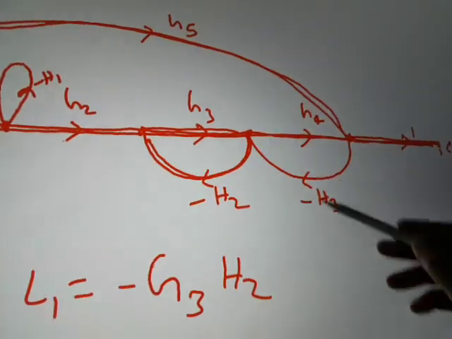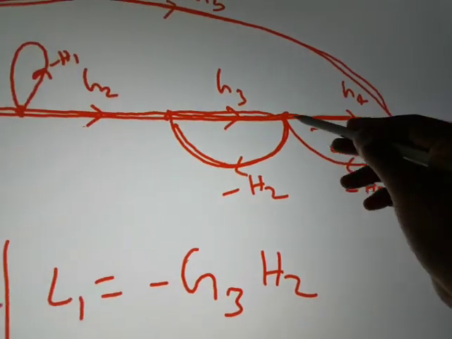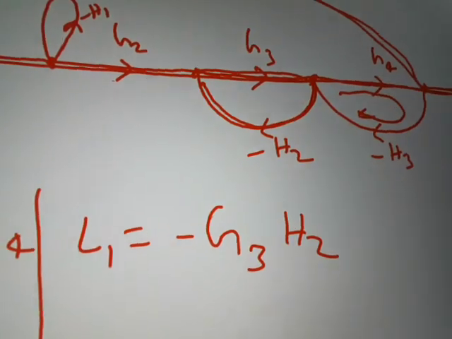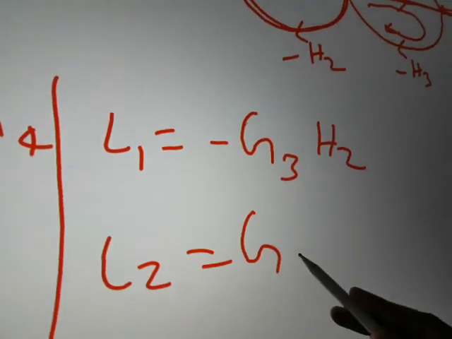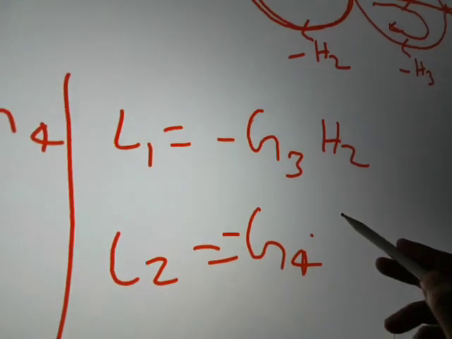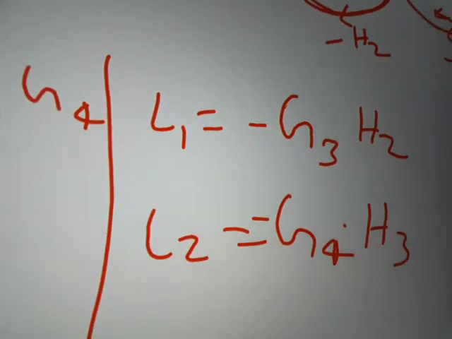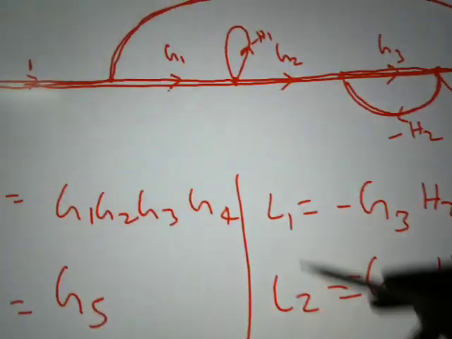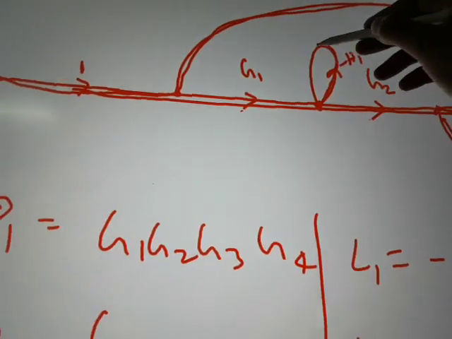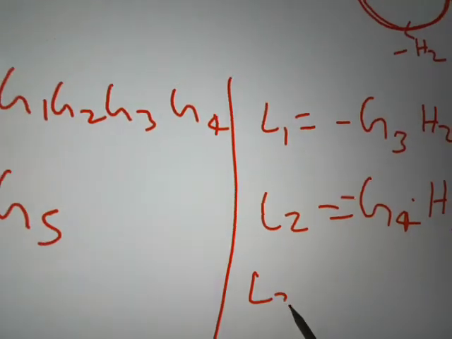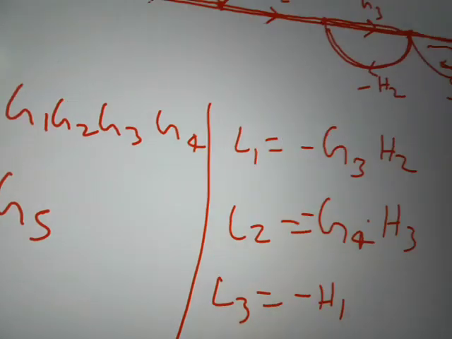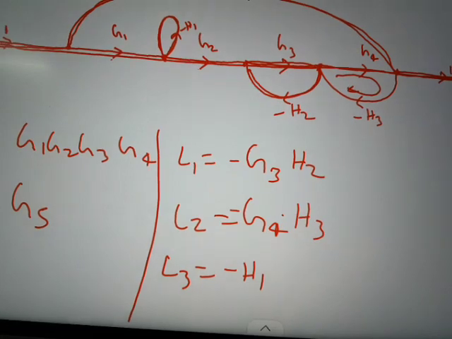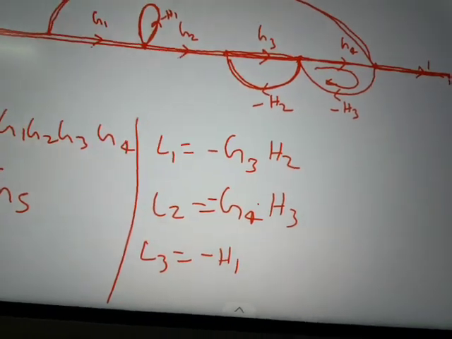Another loop will be this one, starting from this node and returning to the same node. So L2 will be minus G4 H3. This is loop 2. Another loop will be this one, so L3 is simply minus H1.